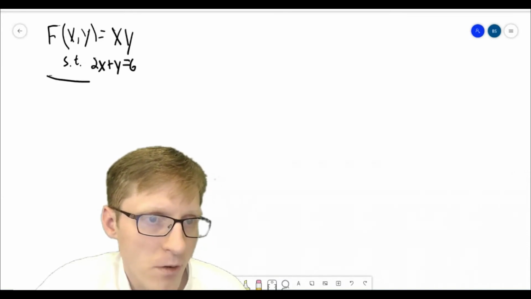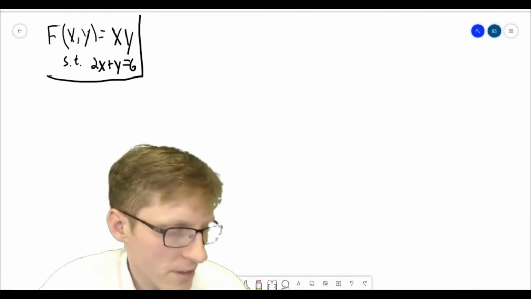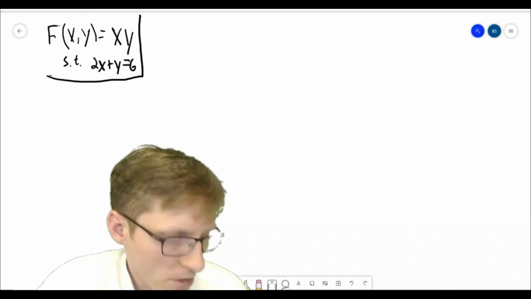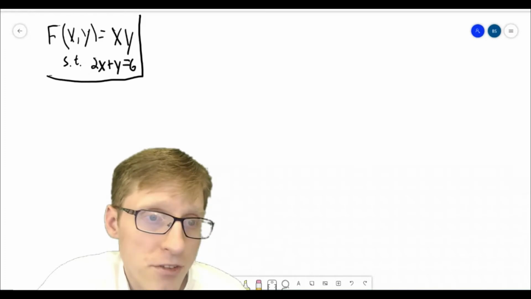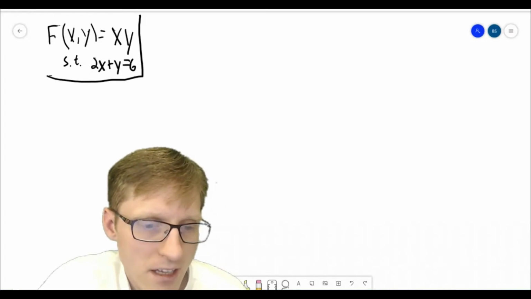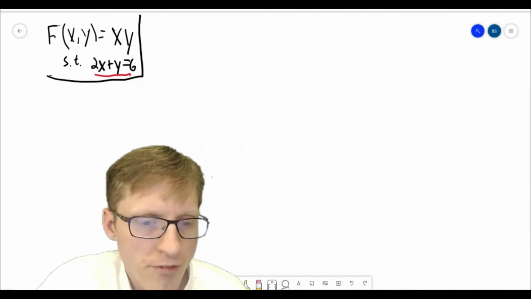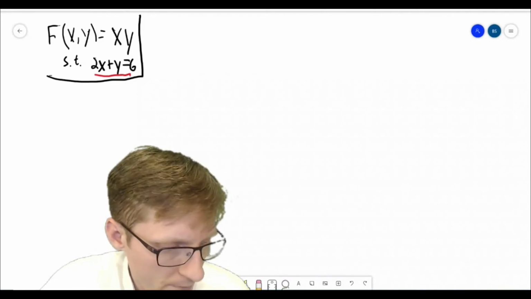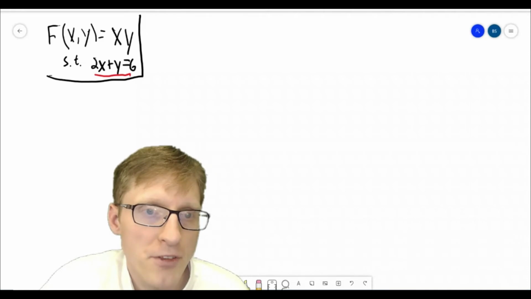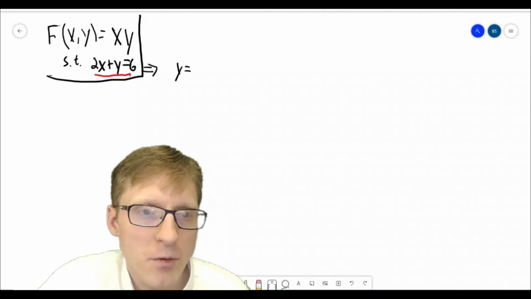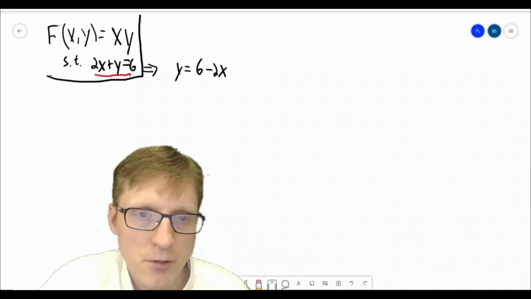And now we're going to solve this using the substitution method. So the first thing that we're going to do is we're going to use this constraint here to find the relationship between x and y. And so if we just subtract 2x from both sides, this yields that y is equal to 6 minus 2x. So this is just a rearranged constraint.